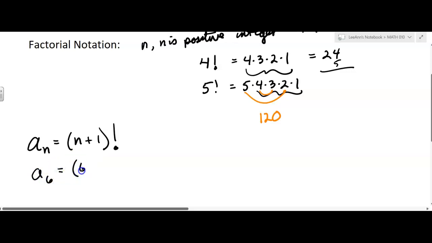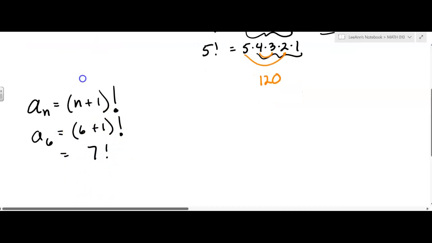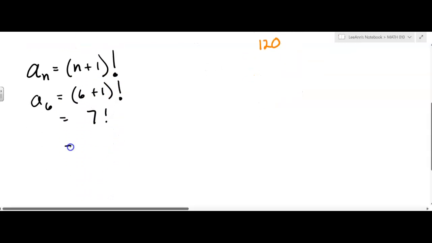Well, then you could say it's 6 plus 1 factorial, which is 7 factorial, which is, let me use a lot of space here, 7 times 6 times 5 times 4 times 3 times 2 times 1. And sometimes we do like to write them out. There's a reason for that. But like I said, I don't know how much factorial work we're really going to see.